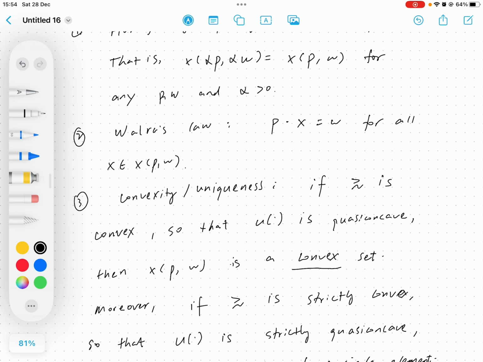This verifies that those assumptions are very useful, so that we could derive these nice properties in the utility maximization problems in order to solve more problems. Okay, good.